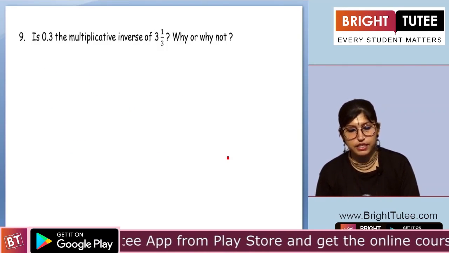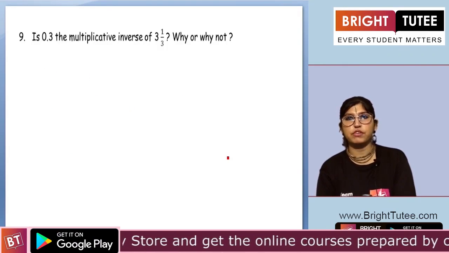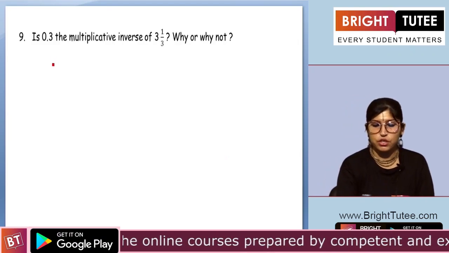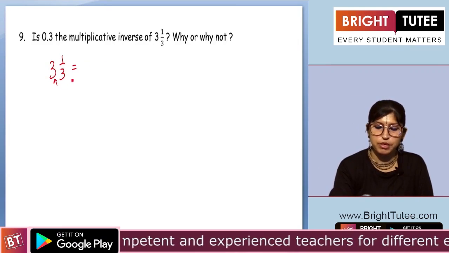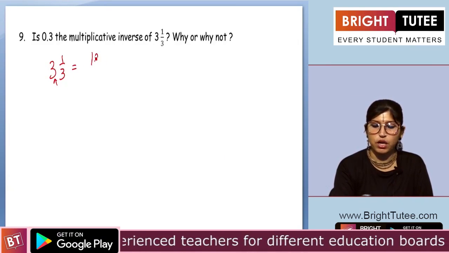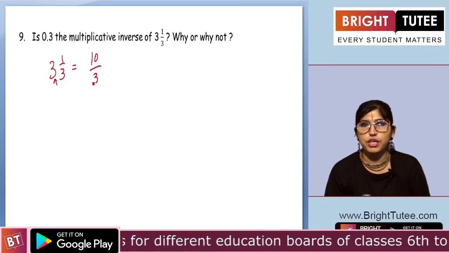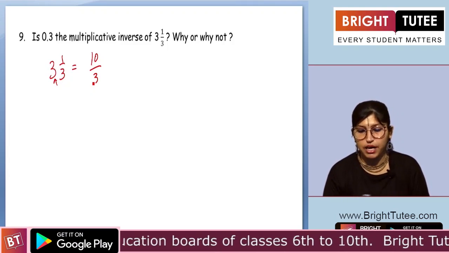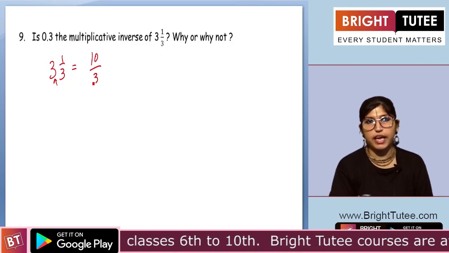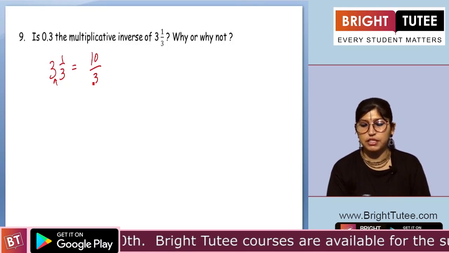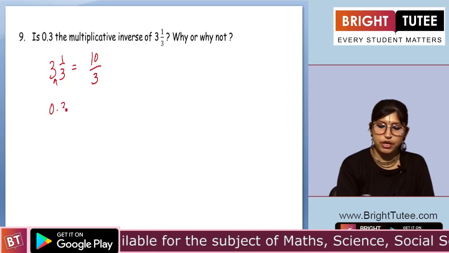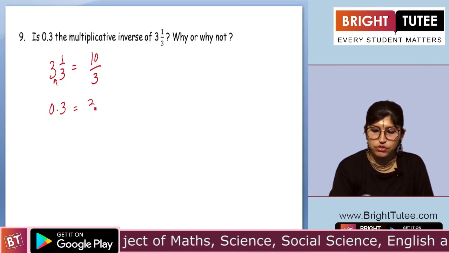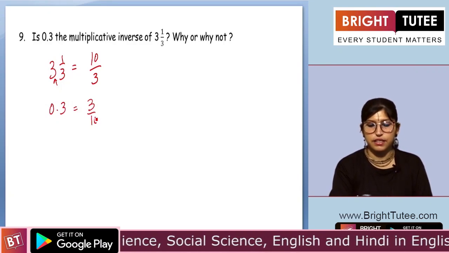Now it says, is 0.3 the multiplicative inverse of 3 1 by 3? So if I convert 3 1 by 3 to an improper fraction, we'll be getting 3 times 3 is 9, plus 1, 10 by 3. Now we have 10 by 3 and we need to check whether 0.3 is the multiplicative inverse of 10 by 3. 0.3 we can write as 3 by 10.